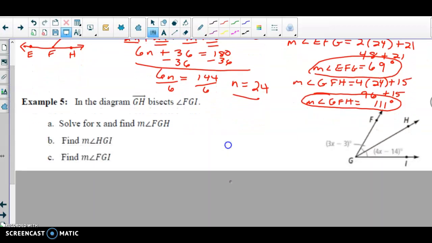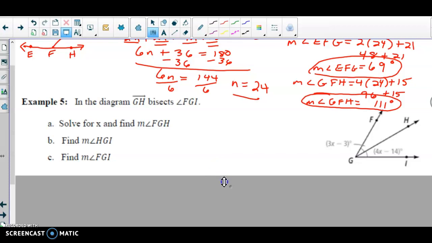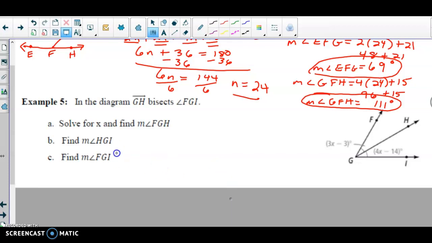All right, example 5. In the diagram, ray GH bisects FGI. So we want to solve for X and then find FGH, HGI, FGI. All right, so since it is a bisector, ray GH is the bisector, it cuts the big angle in half. So I know that these two amounts are the same.